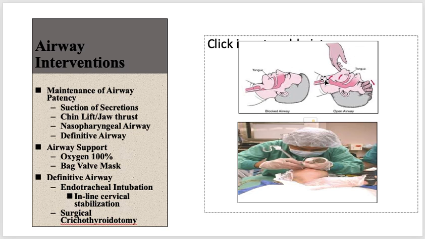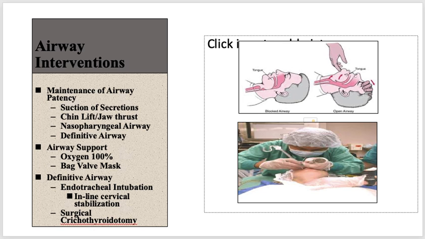Directly into the trachea. If the airway cannot be maintained that way, or if there's too much injury on the face, you can go for a procedure called cricothyroidotomy. In this one, they cut open the cricothyroid membrane to open an airway so that air can go inside and outside.